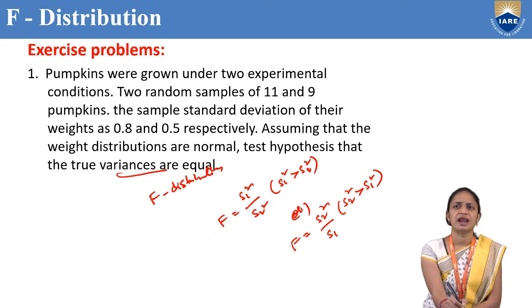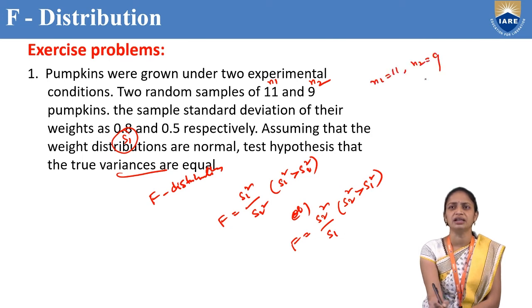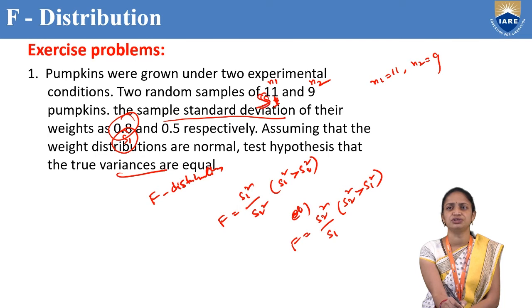So two random samples, N1 equal to 11 and N2 equal to 9. The sample standard deviations of weights are 0.8 and 0.5. Sample standard deviation is denoted with S, so here we have S1 equal to 0.8 and S2 equal to 0.5.